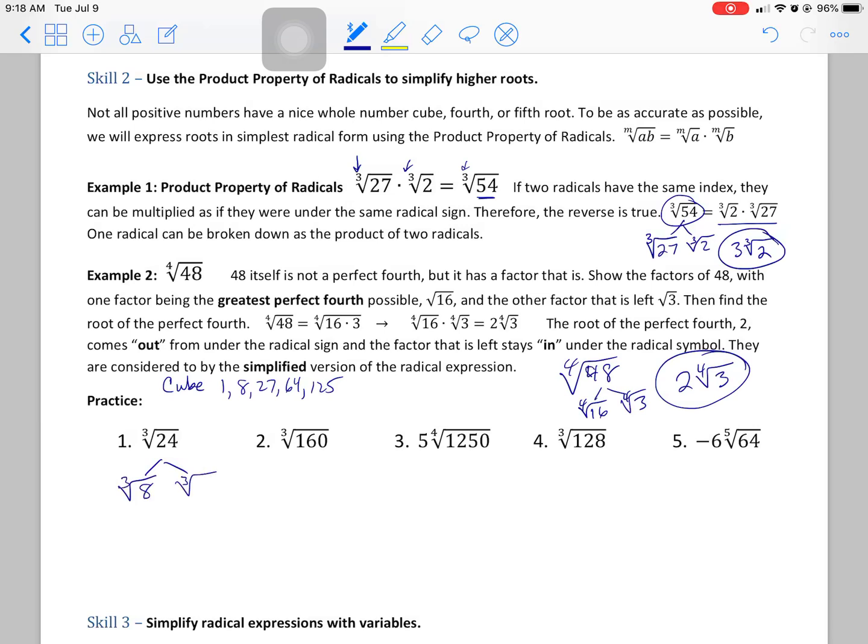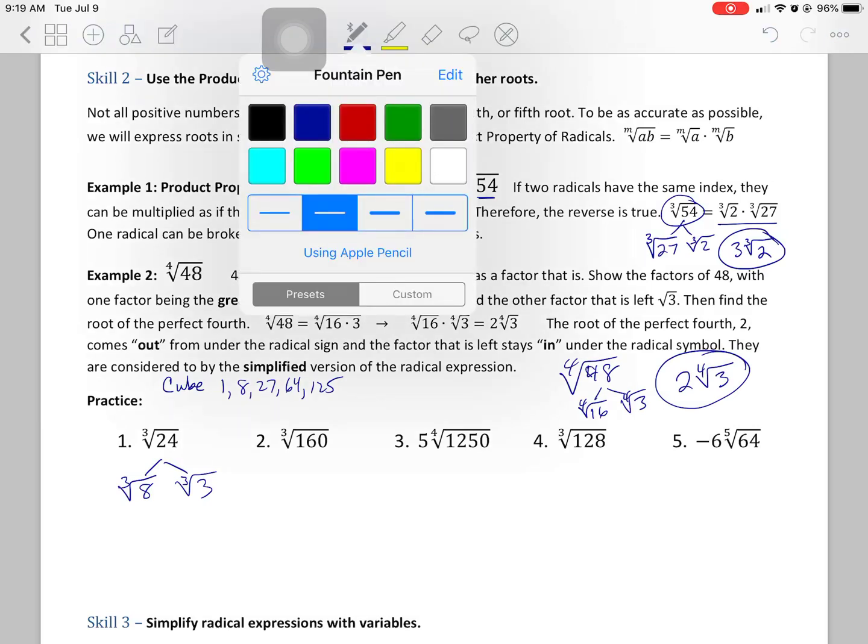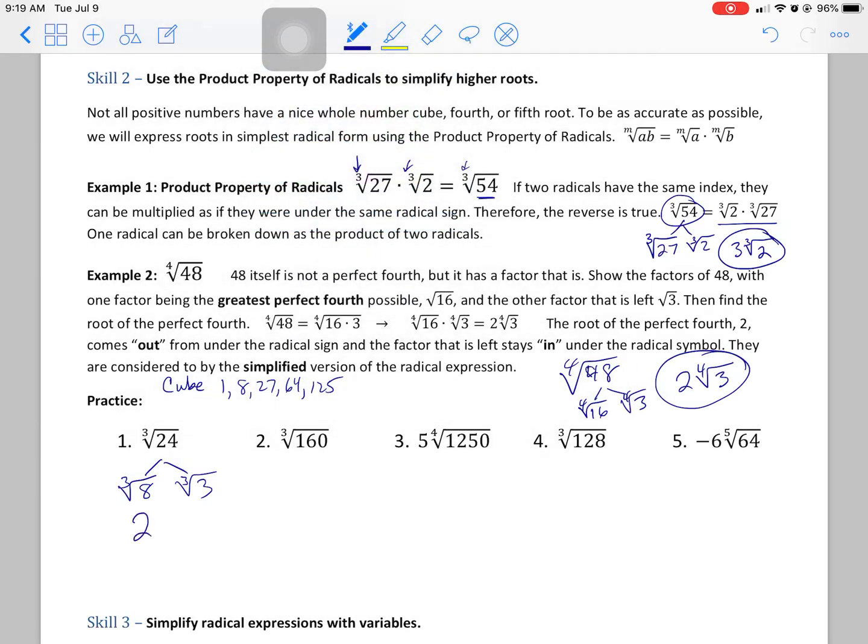So 8 into 24 is 3. Cube root of 8 is 2. So it's 2 cube root of 3.